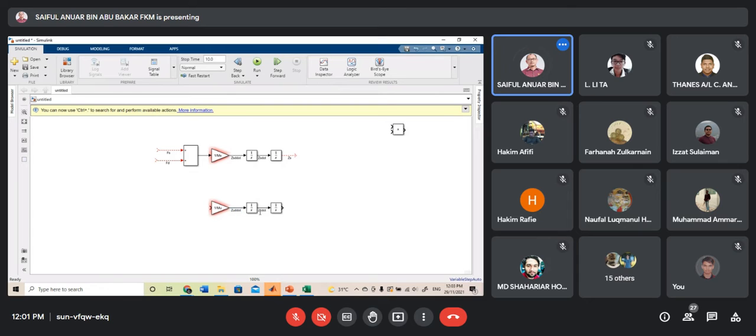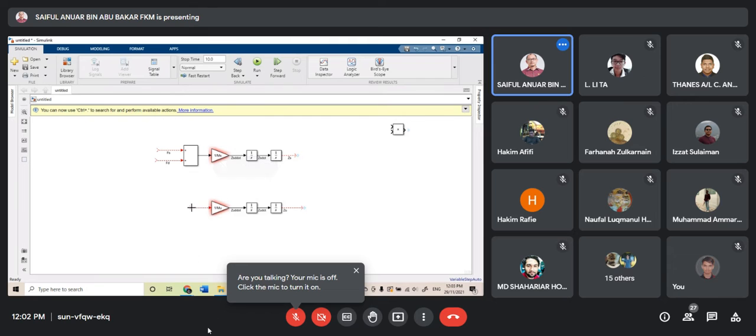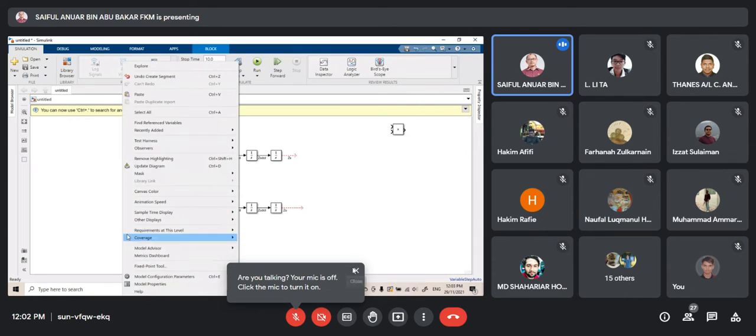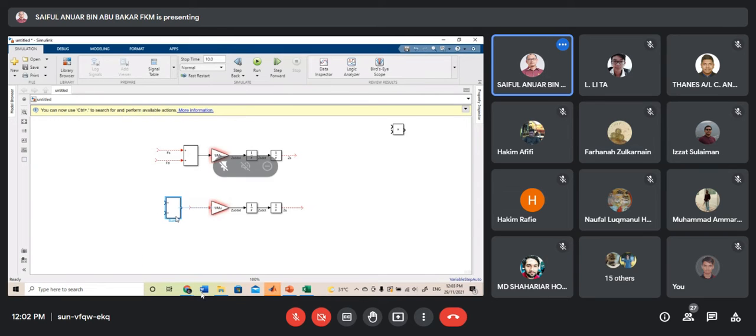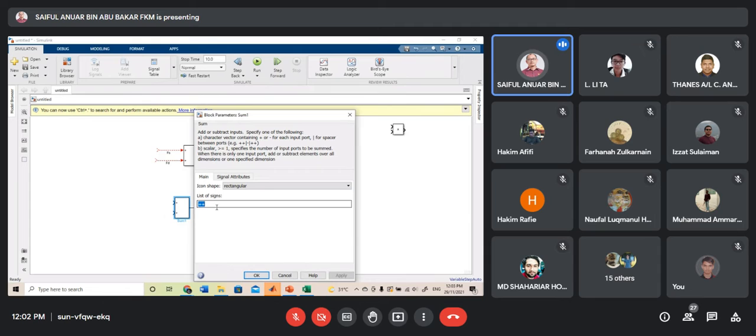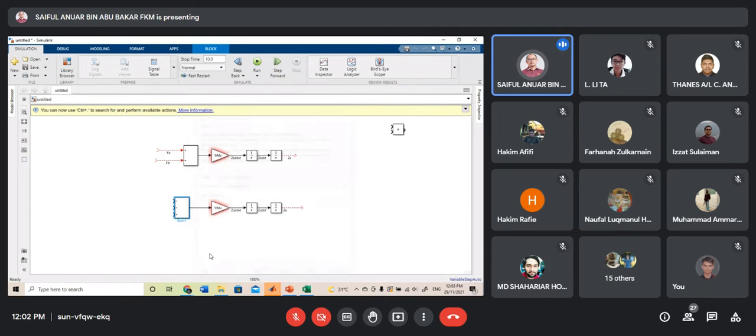Zu dot, Zu dot, and this one is Zu. I'm going to use a negative sign because I want to pull out the signal line from the upper side.